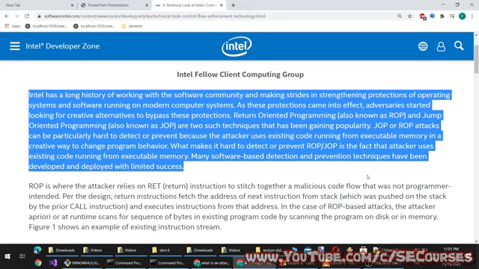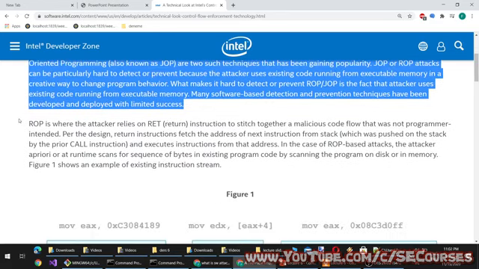JOP or ROP attacks can be particularly hard to detect or prevent because the attacker uses existing code running from executable memory in a creative way to change program behavior. What makes it hard to detect or prevent ROP and JOP is the fact that the attacker uses existing code running from executable memory. Many software-based detection and prevention techniques have been developed and deployed with limited success.